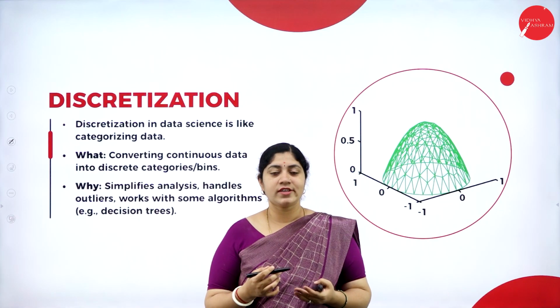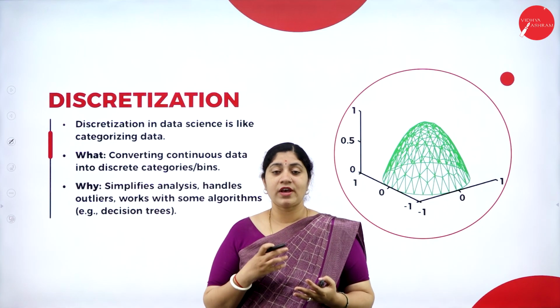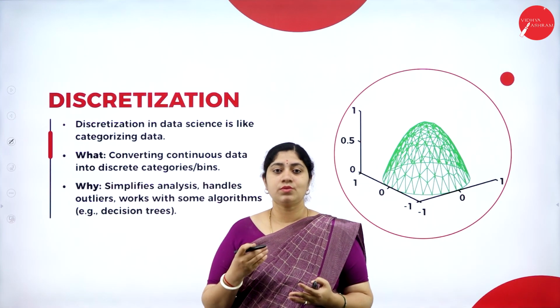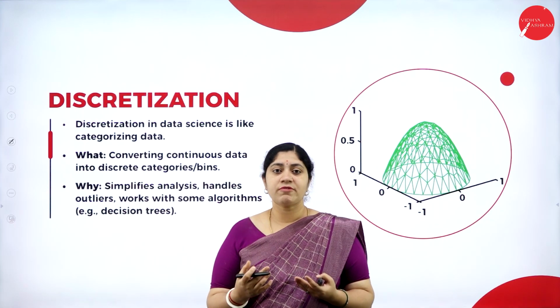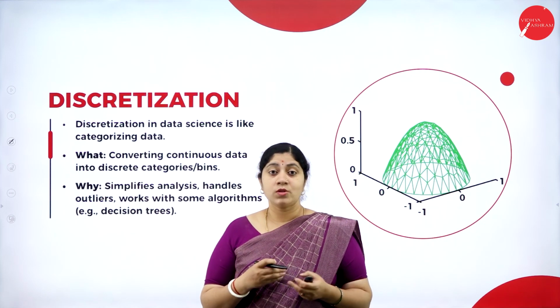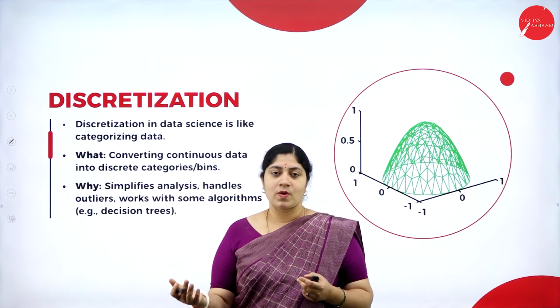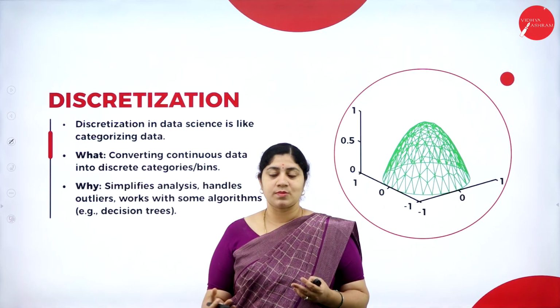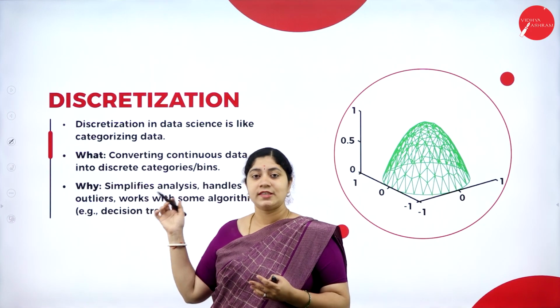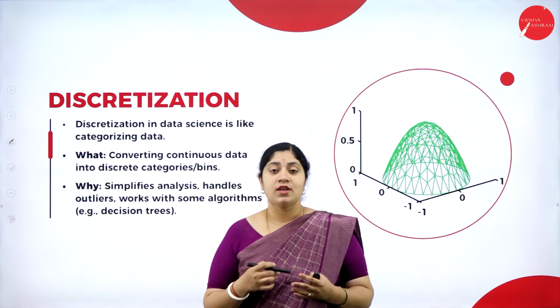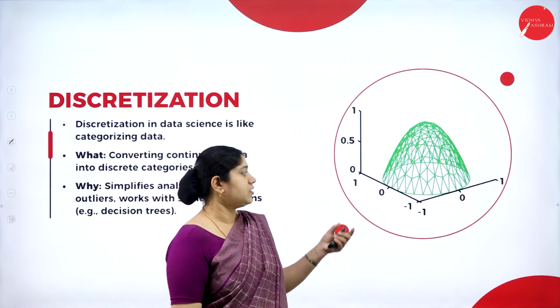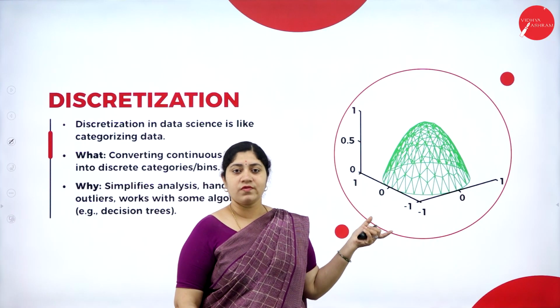Now let's understand why discretization is required. Discretization is utilized as it is very helpful for analyzing information, handling outliers, and also for working with certain algorithms. Now let's understand this with a small figure.